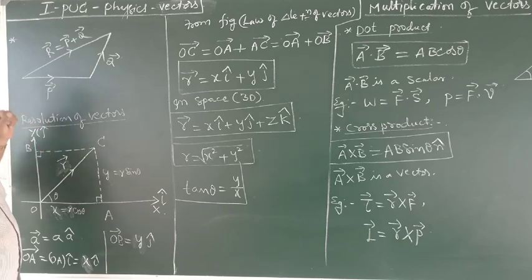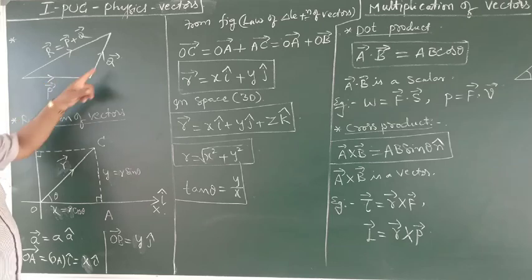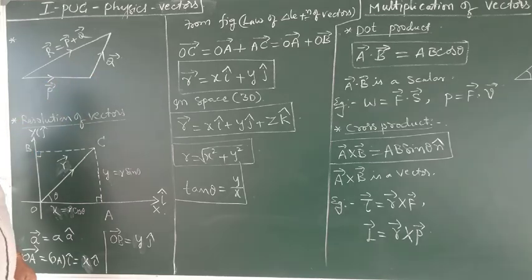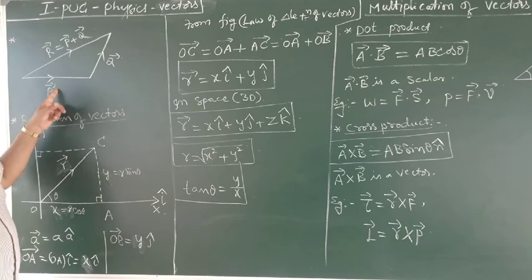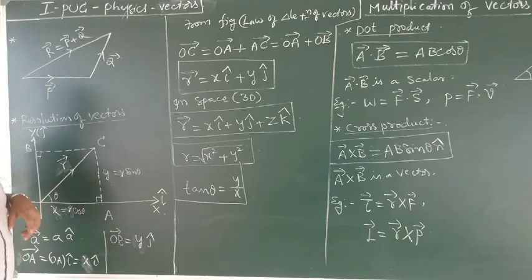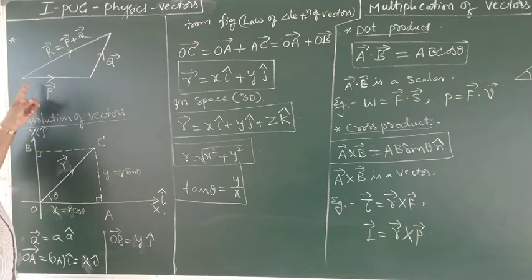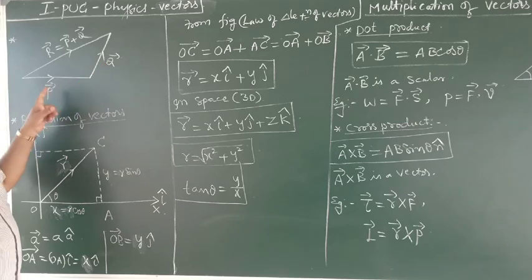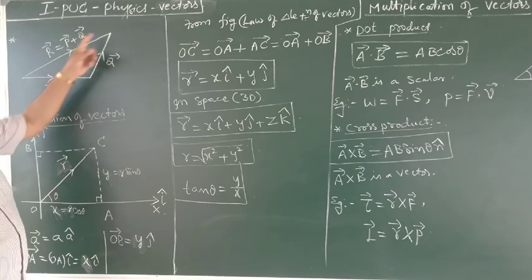So P is one vector, Q is one vector. Addition of vectors: we learned the law of triangle of vector addition and the law of parallelogram of vector addition in the previous session. According to the law of triangle of vector addition, if we add P and Q vectors like this, I will get the resultant vector.